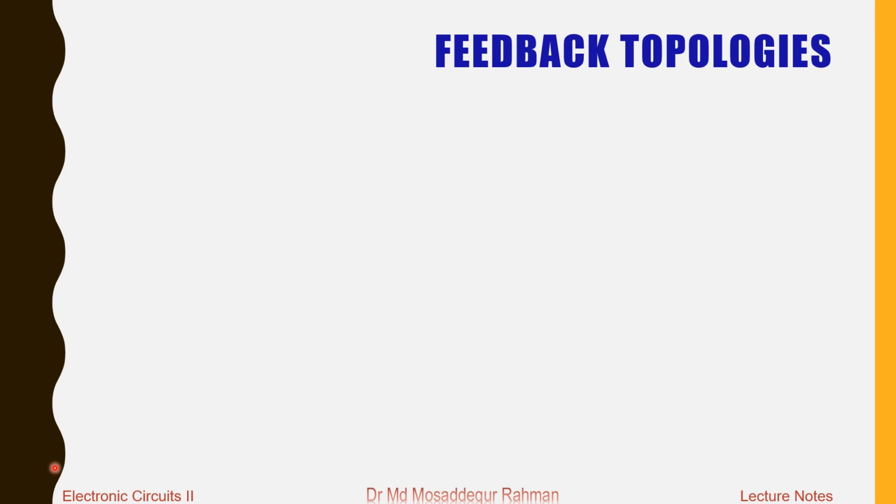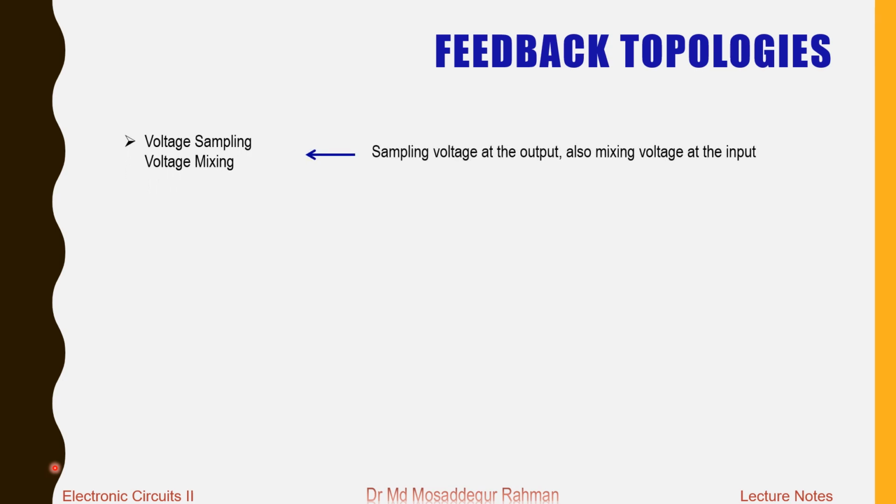And with these four different configurations, we have four different feedback topologies. The first one, we can say, is sampling the voltage at the output and also mixing voltage at the input side. The voltage sampling, voltage mixing feedback amplifier.